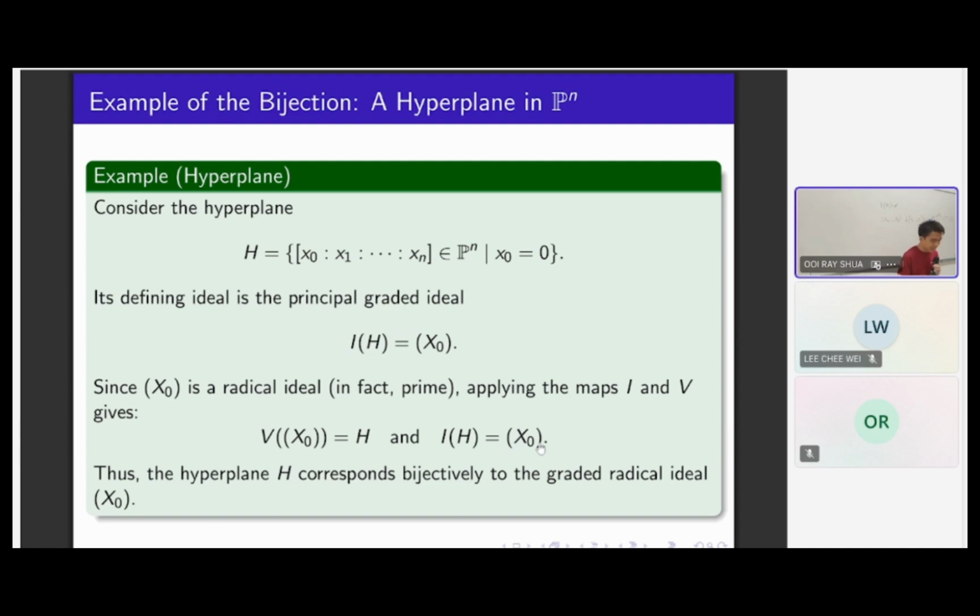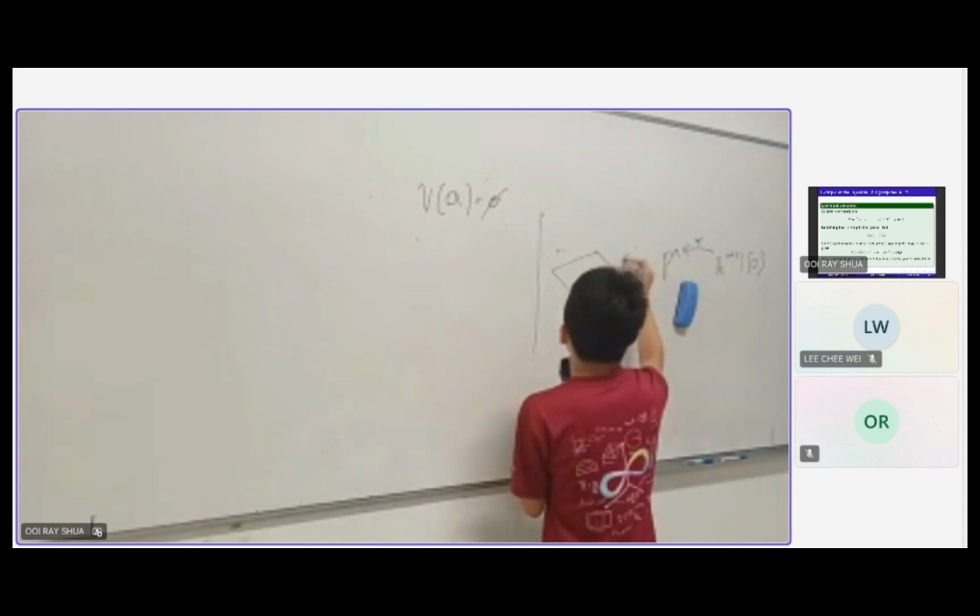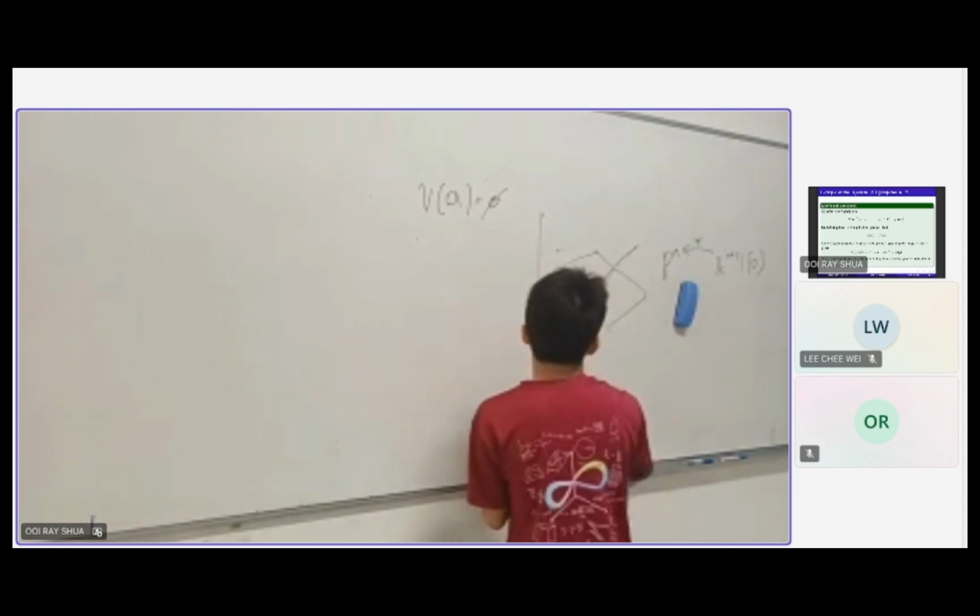Example of this bijection: we have a hyperplane, defined by setting x0 equal to 0. That means this hyperplane is the hyperplane at infinity. So what is the corresponding ideal of this hyperplane? On the geometry side, we have this hyperplane in this space, at infinity.